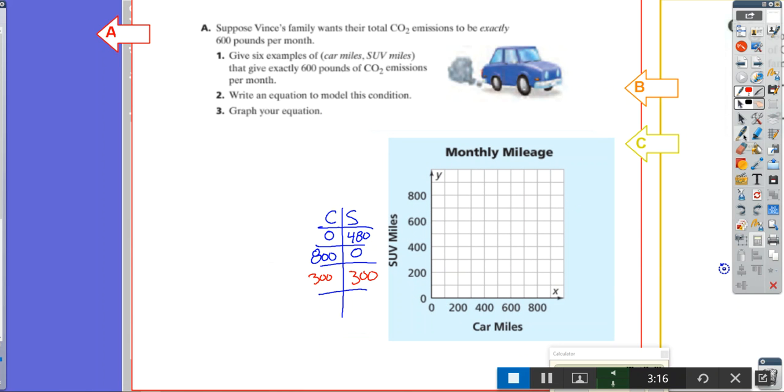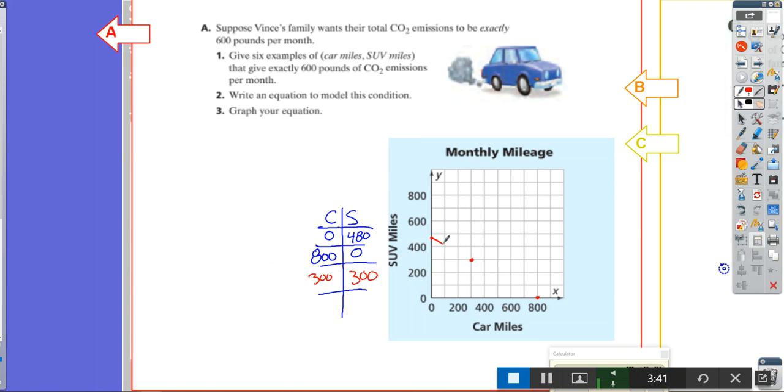All right, so car miles is 0. Okay, that's right here. And 480. So here's 500. So 480 is going to be just a little bit under that. 800, 0. Right here. Let's add another point, 300, 300, and I like that point a lot because that's easy to graph.